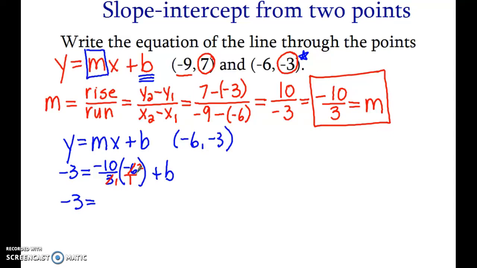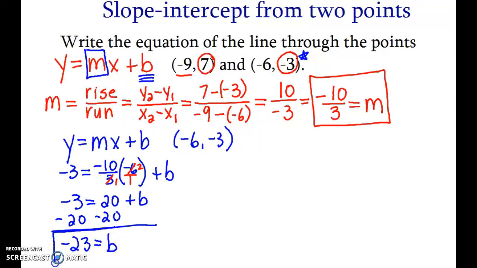And so negative times a negative is positive. 10 times 2 is 20, and then of course it's just 1 on the bottom, so that would be 20 plus b. And now I need to solve for b, so I'm going to subtract 20 since it's positive. Subtract 20, and then negative 3 minus 20 is negative 23 equals b. So there is solving for b.